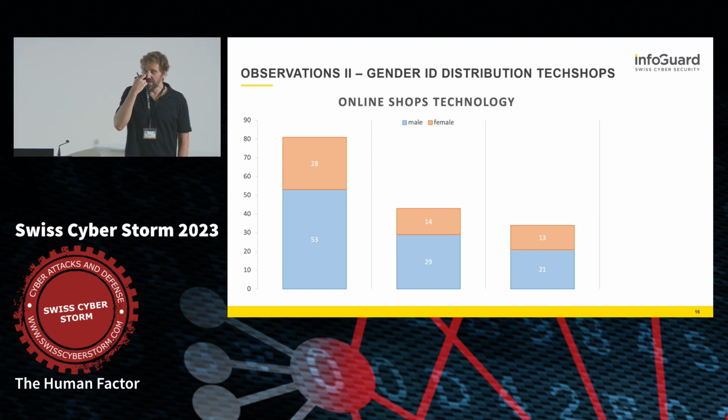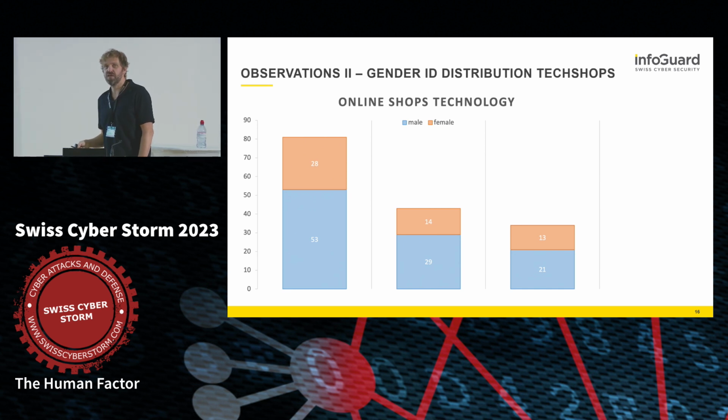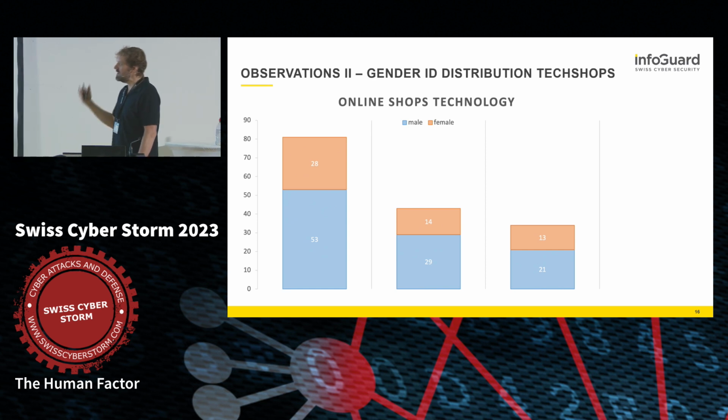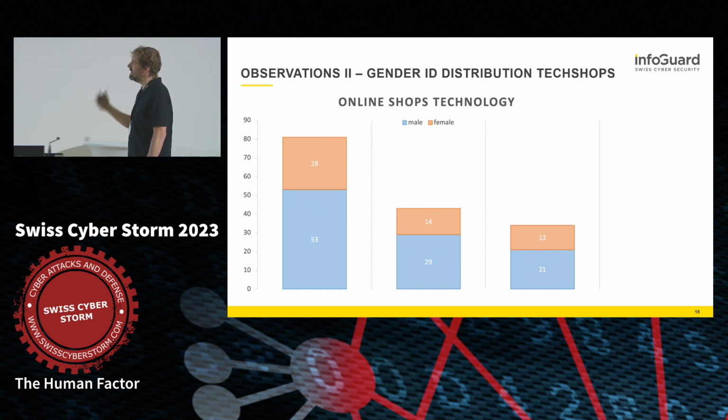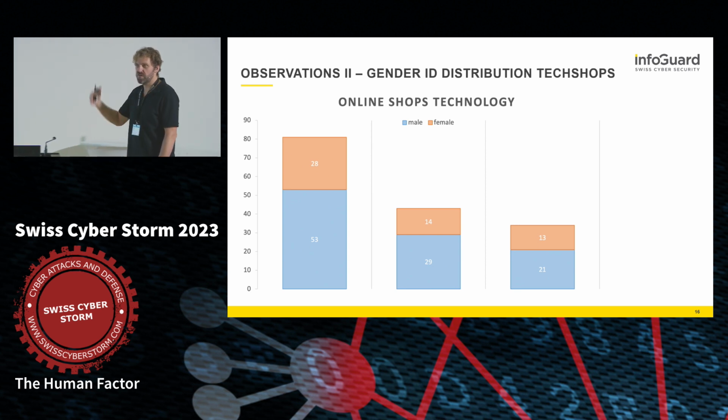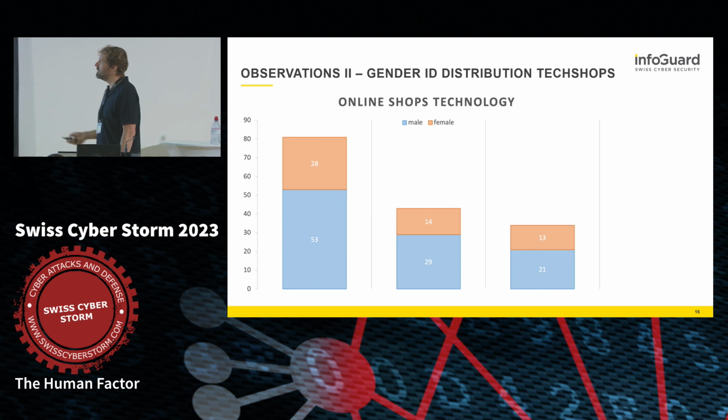Here I looked at online shops that are technology related, and again, I think it's an interesting and reasonable trend that, at least in the last 10, 15 years, there are still more people who identify as male who are interested in technology. So this is also something that makes sense to me.